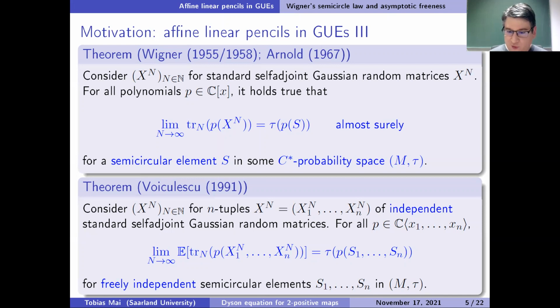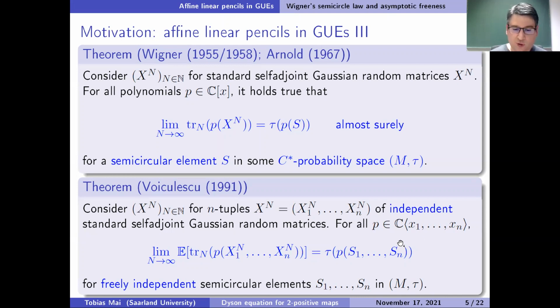So it's quite clear what I mean by a non-commutative polynomial, but just to be as clear as possible, I simply mean a non-commutative polynomial in formal variables x1 up to xn is a linear combination of words of any length in my letters x1 up to xn.